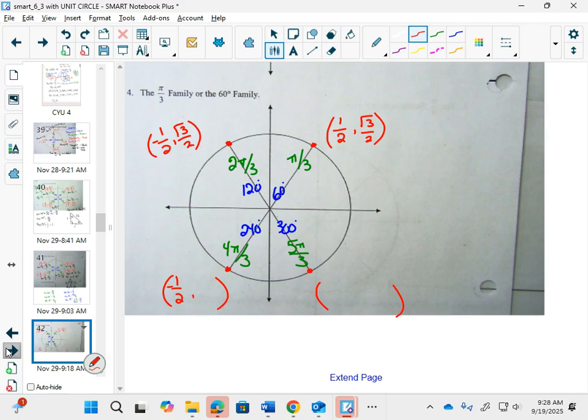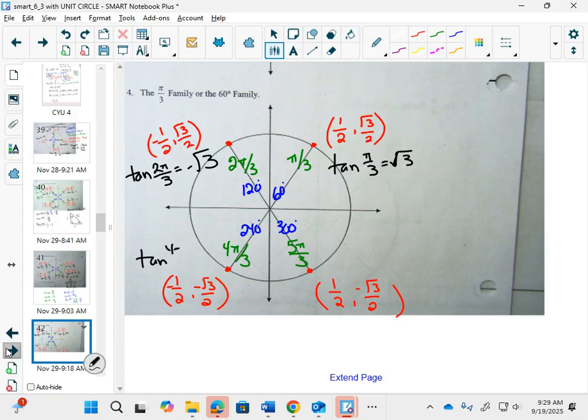Just the signs are going to change, and those signs change according to the CAST rule. And same thing from our special triangle, we had tan of pi over 3 was root 3. So then all of the tans of your pi over 3 family will be identical. Just the signs will change according to the CAST rule.